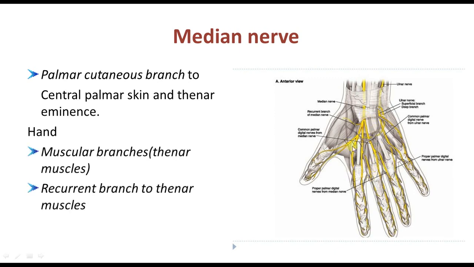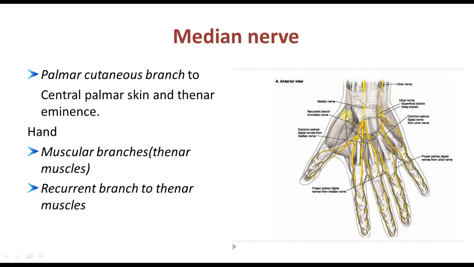In the hand, it is going to give muscular branches. Okay. That muscular branch to the thenar muscles is called the recurrent muscular branch. You are able to see here, this is the recurrent branch of the median nerve. From the lower border of the flexor retinaculum, the nerve hooks backwards.